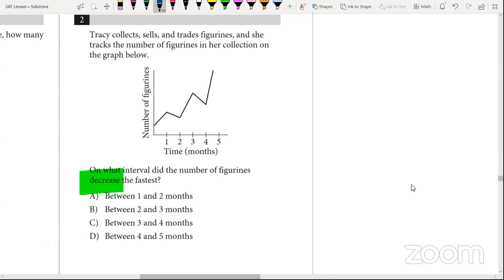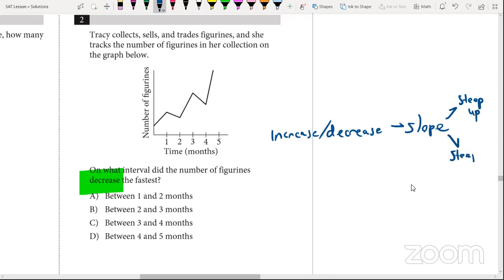So the idea here is that increase and decrease could be just a code word for the idea of slope. And so if we want the fastest increase, that would be a really steep slope upward, or the fastest decrease would be really steep in the downward direction.